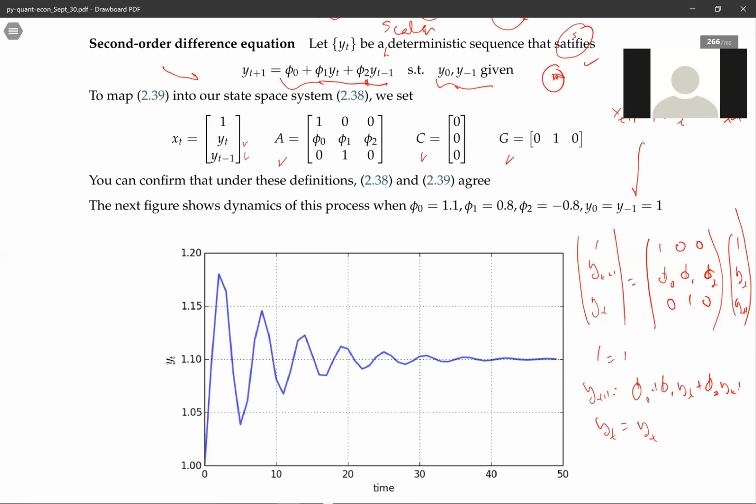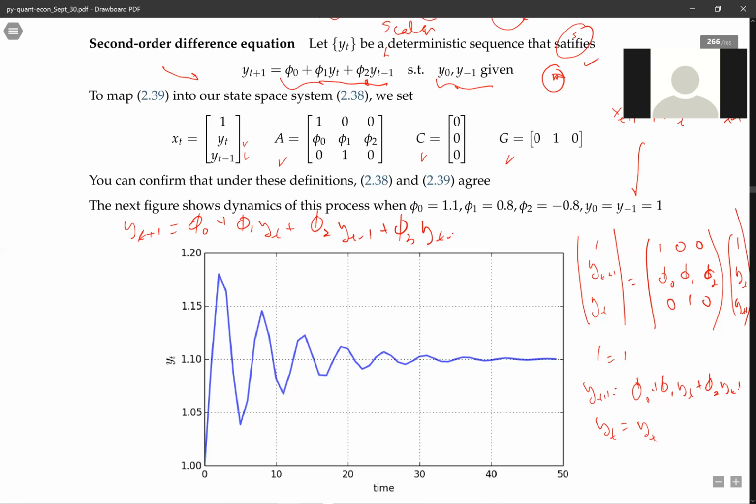So I could ask you, suppose I had a third order scalar difference equation. Do you think I could map that into a first order vector difference equation? You'll see where I'm going. Suppose I had y_{t+1} equals phi 0 plus phi 1 y_t plus phi 2 y_{t-1} plus phi 3 y_{t-2}.